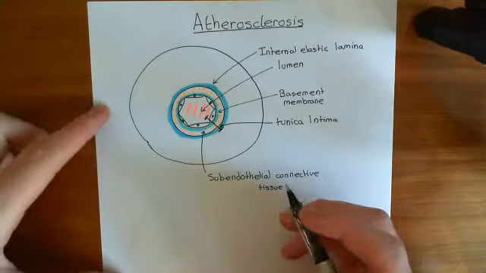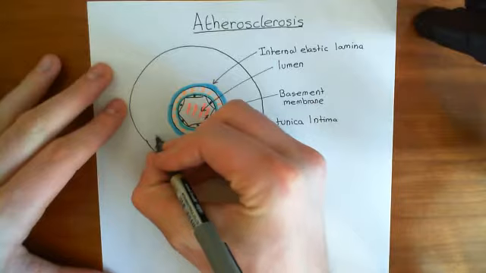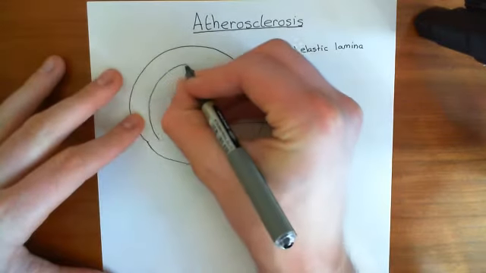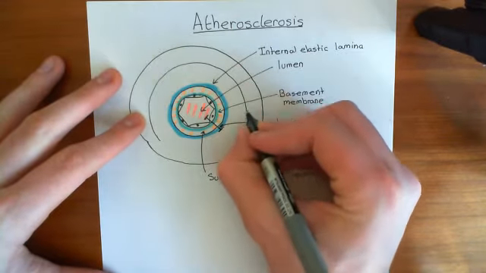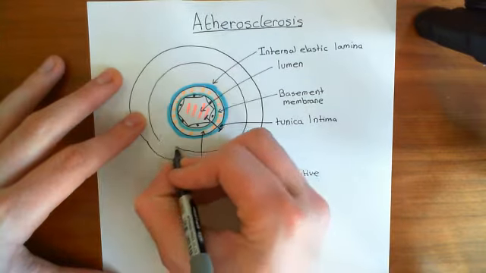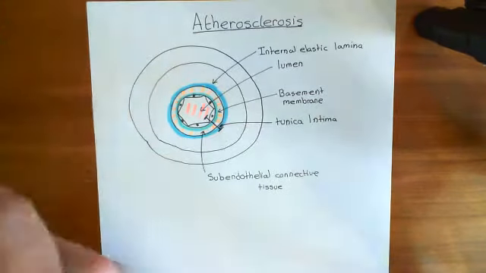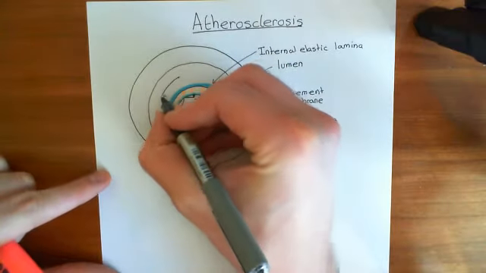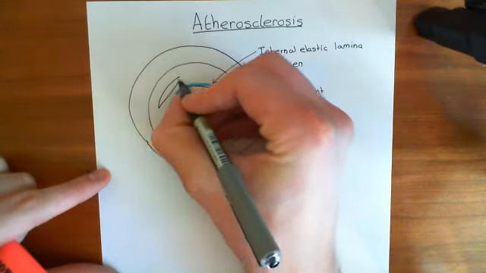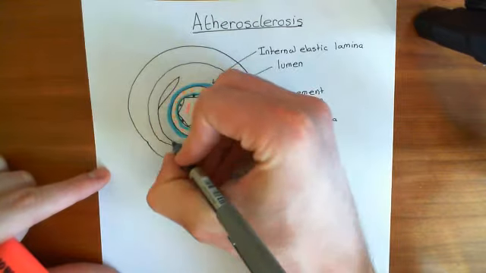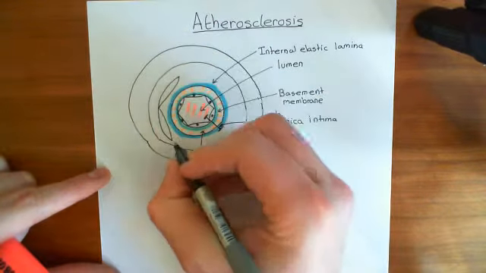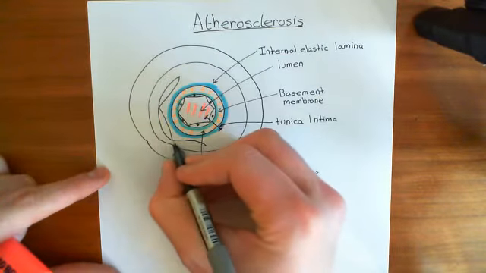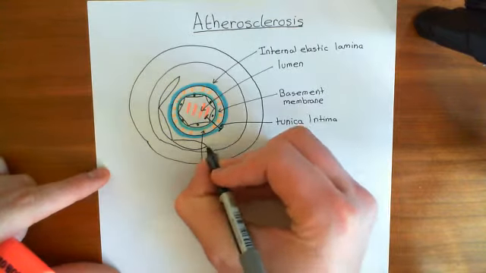The next layer of the blood vessel is the tunica media. The tunica media is made up of vascular smooth muscle cells. Let me draw some here. These are long, elongated cells which are arranged in circles around the lumen of the blood vessel.